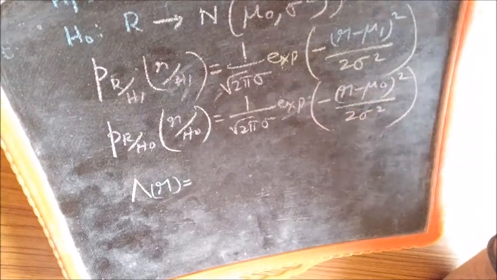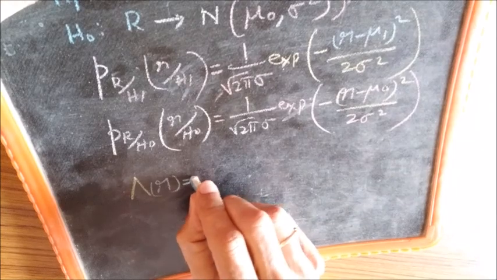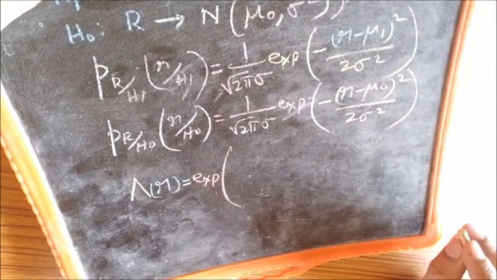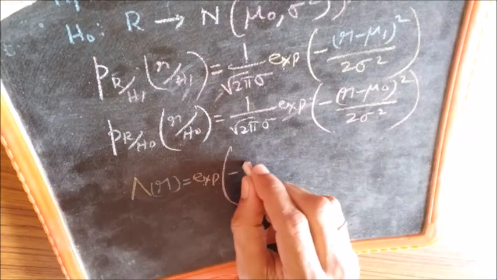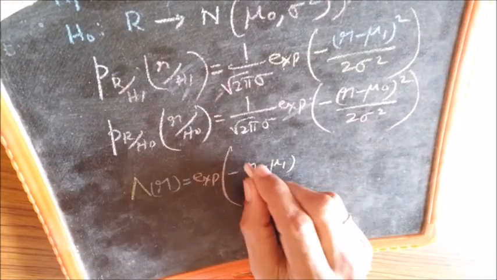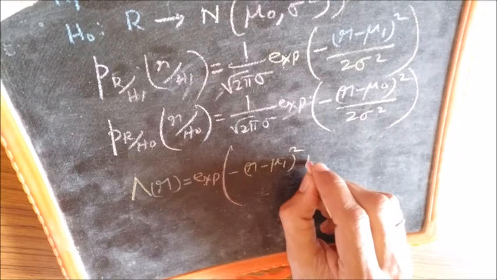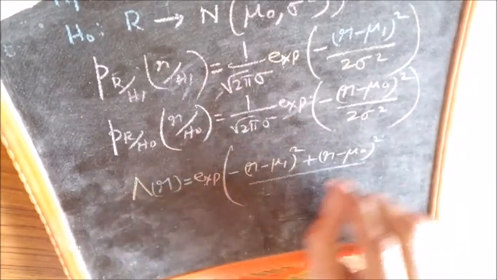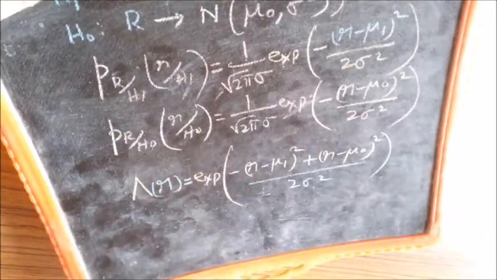we can use the law of indices and write this as equal to e power minus r minus mu1 whole square plus r minus mu0 whole square by 2 sigma square.